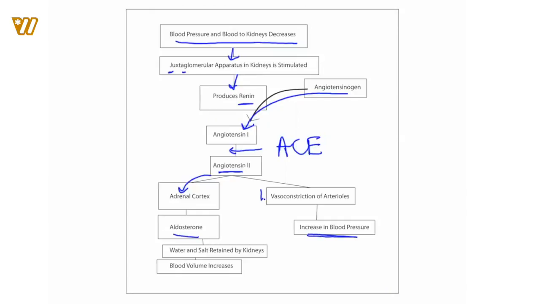Right, aldosterone. And aldosterone's whole goal is to take water and salt out of the nephron in the kidney and put it back into the blood. So when this happens, your blood volume increases, again increasing blood pressure and blood volume. So obviously, the more blood volume you have, the higher the blood pressure.